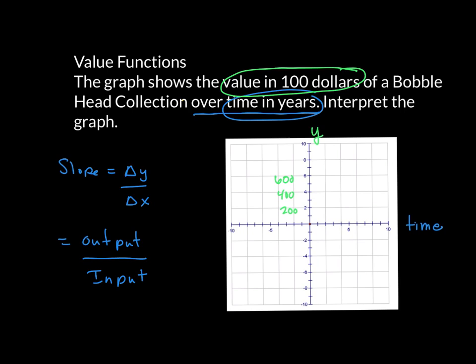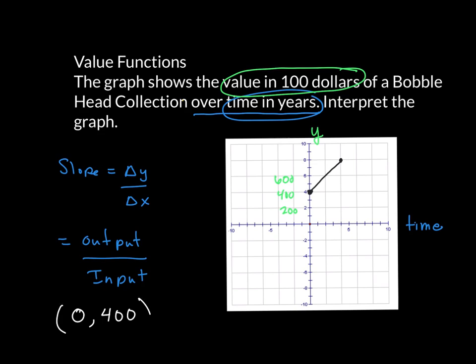Now, there's 2 ways we can go through and interpret this. Let's look at these 2 points right here, the initial point on my graph and the second point where the graph ends. The first point is x is 0 and the y value is 400.